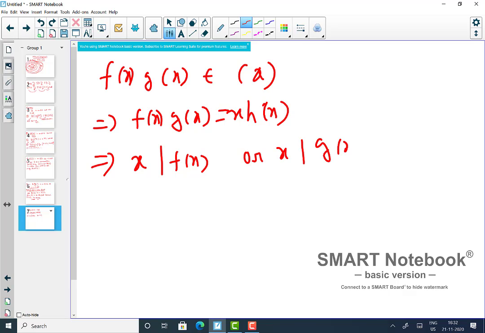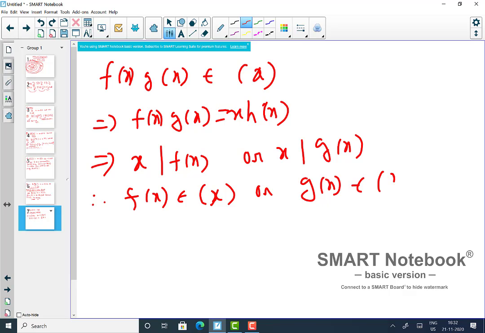That means either f(x) is an element of the ideal generated by x or g(x) is. Okay, so this is a prime ideal.